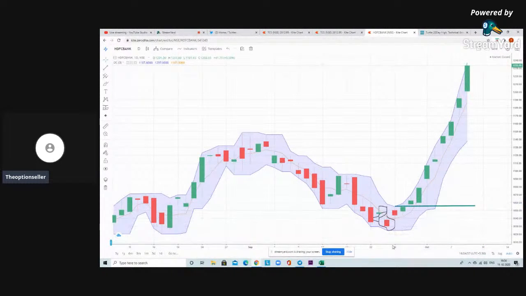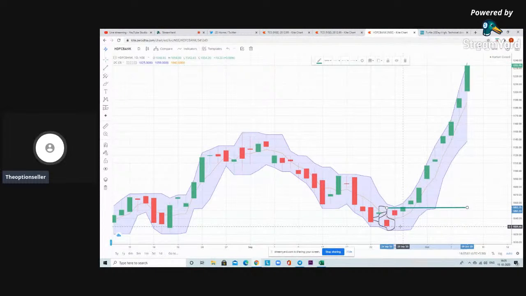This is the high which was broken by this candle on 28th of September. So as soon as the high or the low of any 3 days is broken, the Donchian channel will show you an upward moving channel.